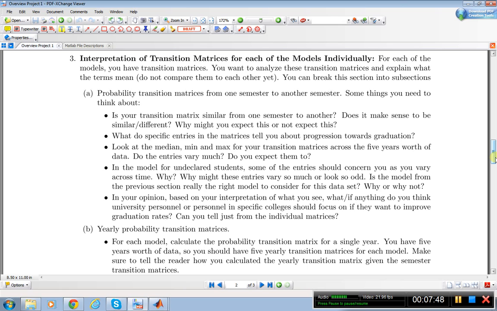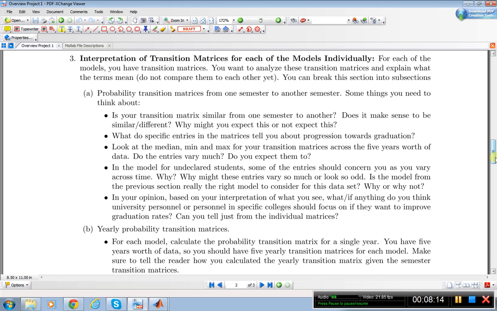The way the minimum and the maximum are calculated is by looking at the 5 different matrices for going from fall to spring. So for the entry freshman to sophomore, I have 5 different entries. Do they vary much?